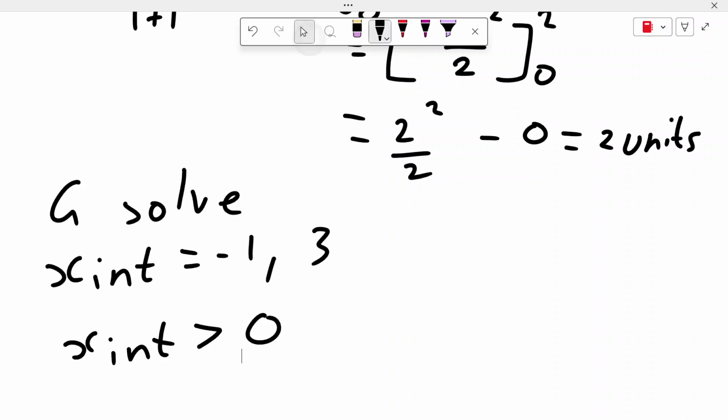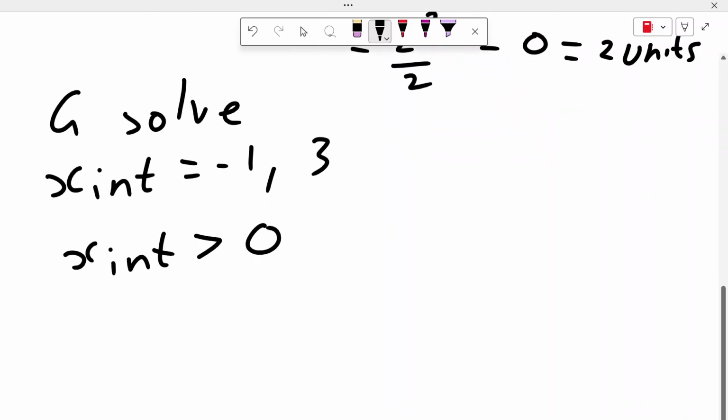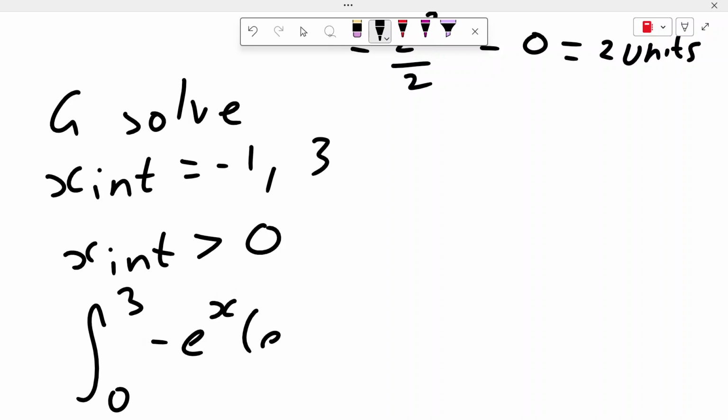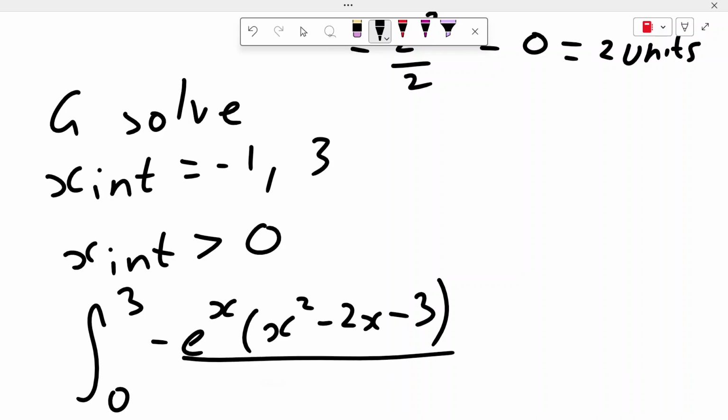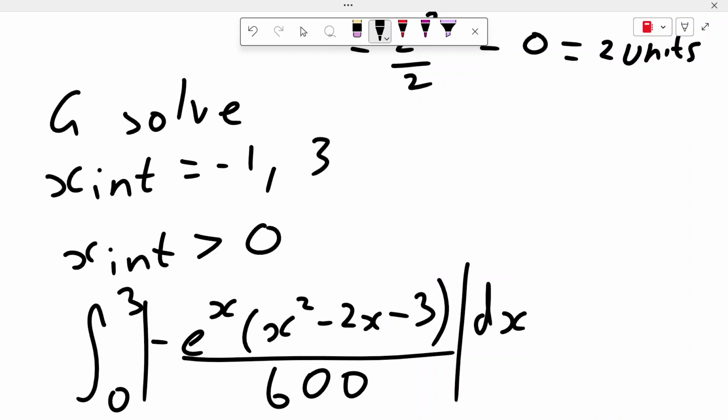Then what we have to do is explain how we're doing it. We're going to integrate this from 0 to 3, and we write it all out. It was a -3, all divided by 600, and then dx, and we can put in the absolute values to indicate that this is equal to area.